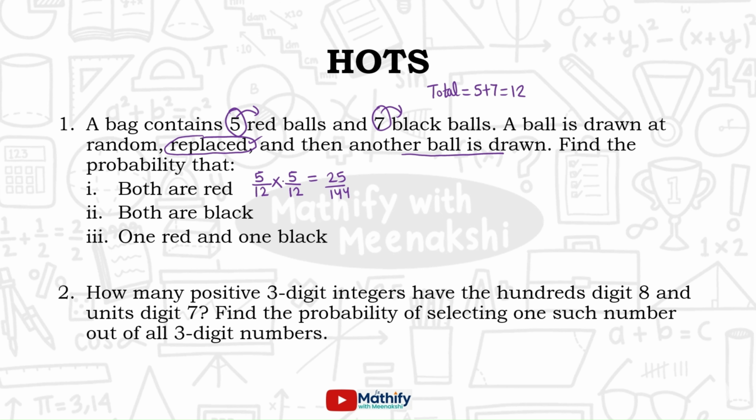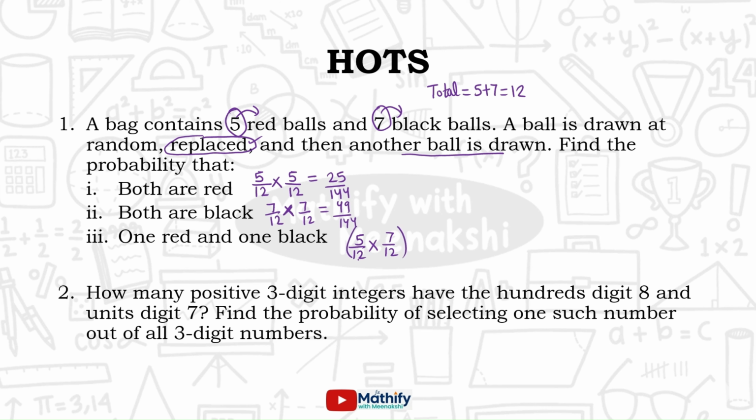In case you do not replace, then your answer will be 5 by 12 into 4 by 11. But here you replaced. Both are black. That means first is black, 7 by 12, again 7 by 12. So here I'm repeating again, you have to put a multiply sign. 7 into 7 is 49 by 144. This time one red and one black. Suppose first time I've selected a red ball and then black.